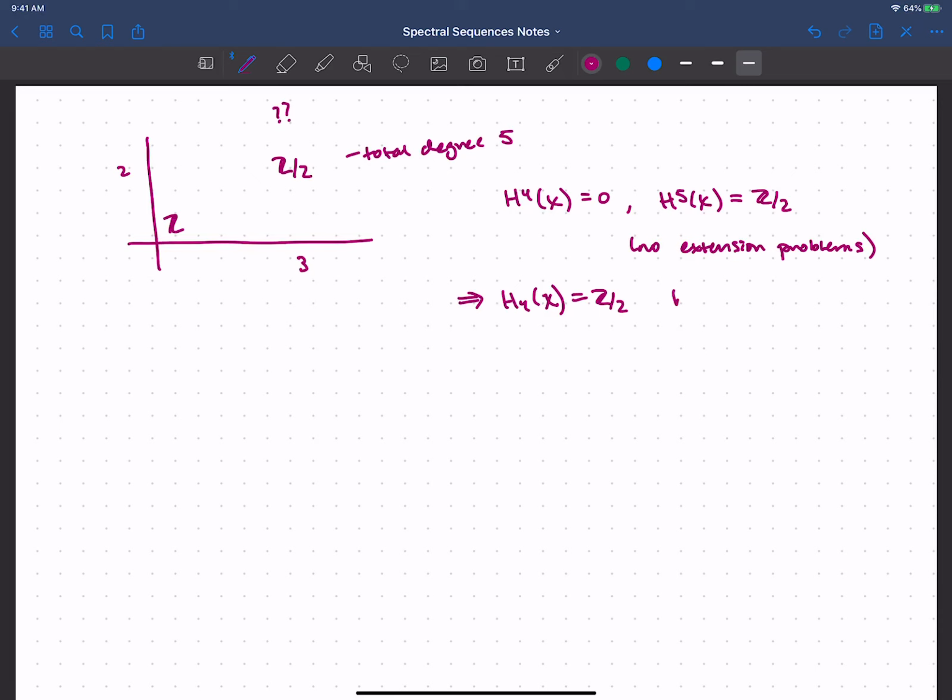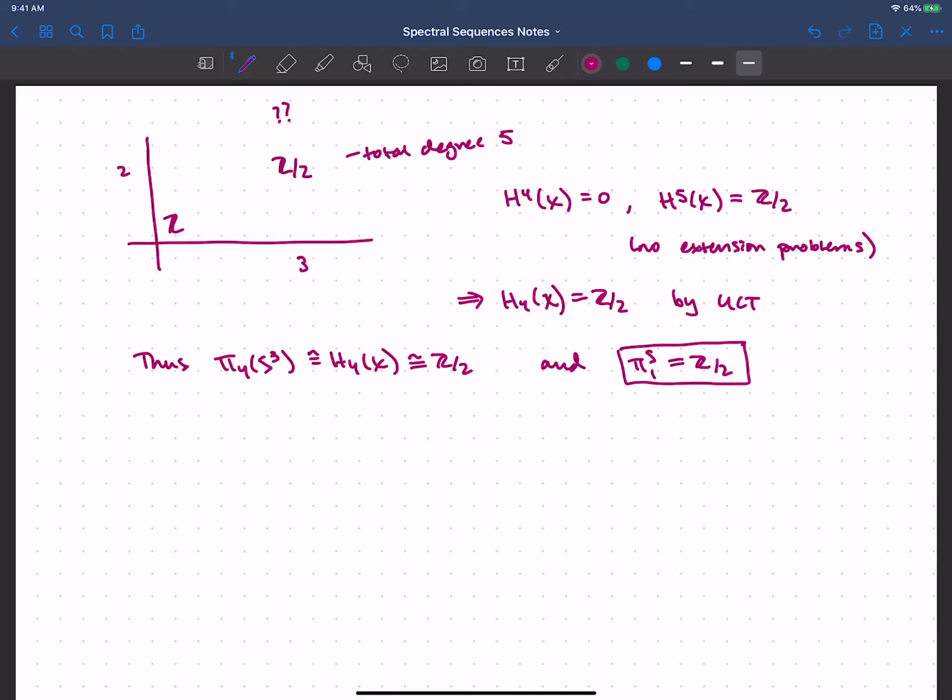So this is by our universal coefficient theorem, and that was the thing we were after, because pi 4 of S3 was isomorphic to H4 of X. And so we've just learned that it's Z mod 2. And we were in the stable range, so that tells us that pi 1 stable is indeed Z mod 2. And it was being surjected onto by the group generated by the Hopf map, so we might as well say that it's generated by the Hopf map, and that concludes the proof.